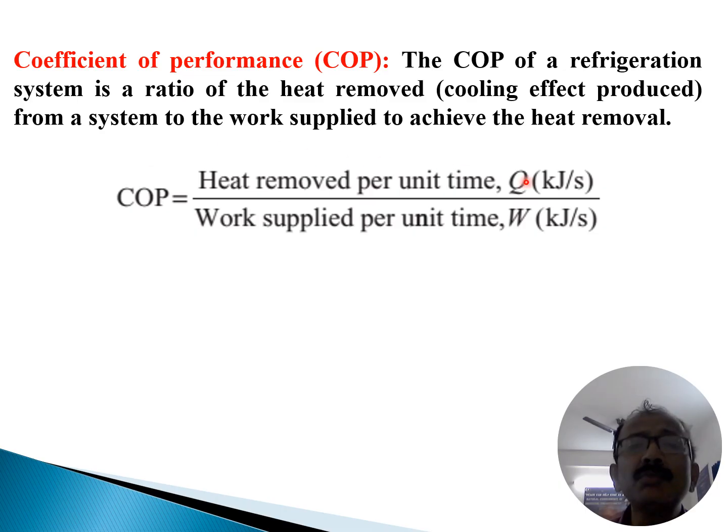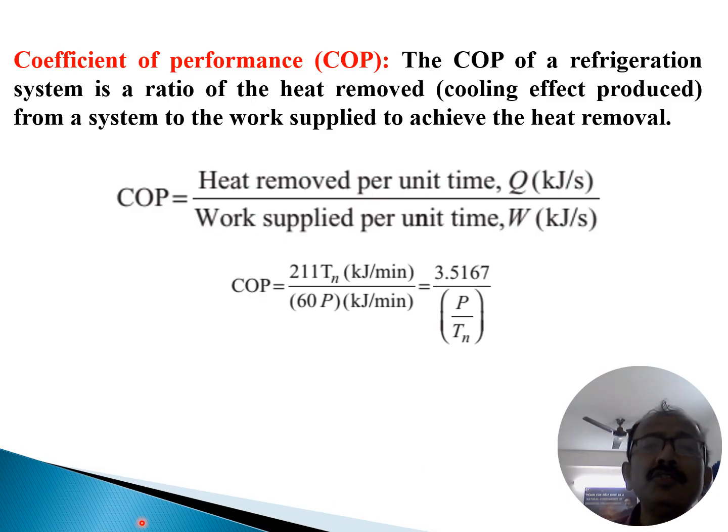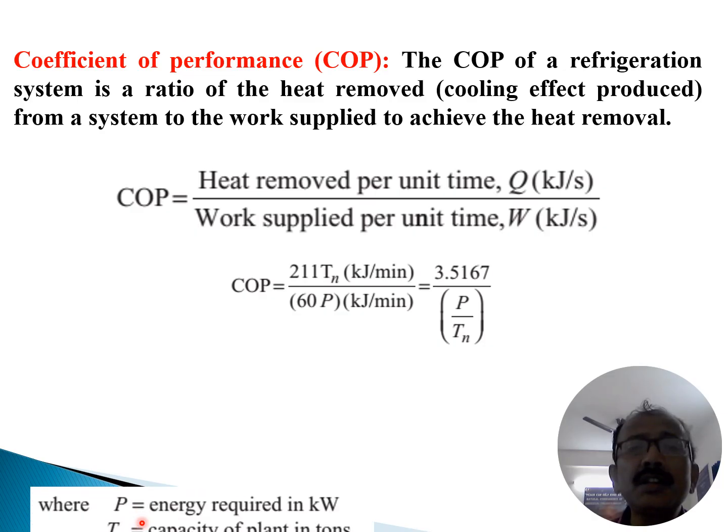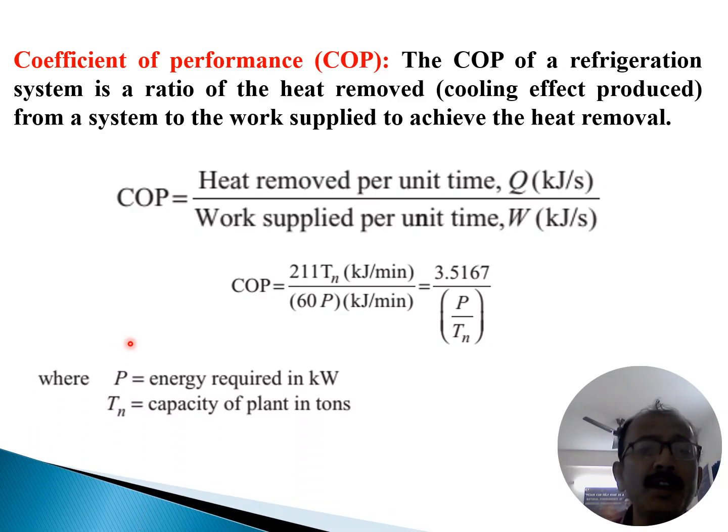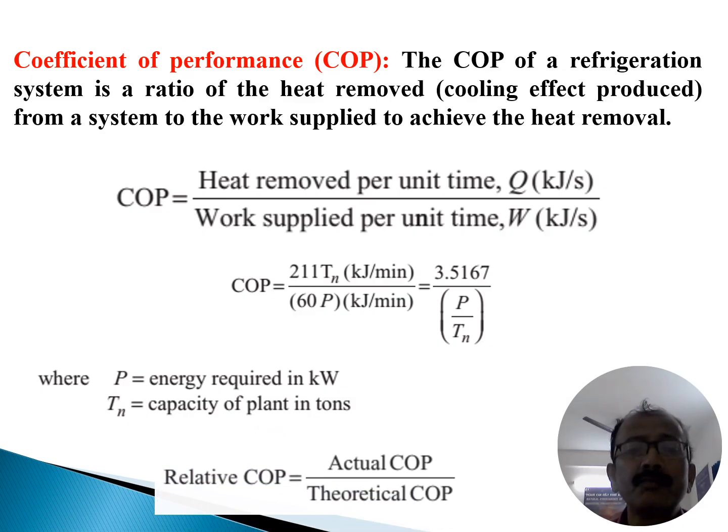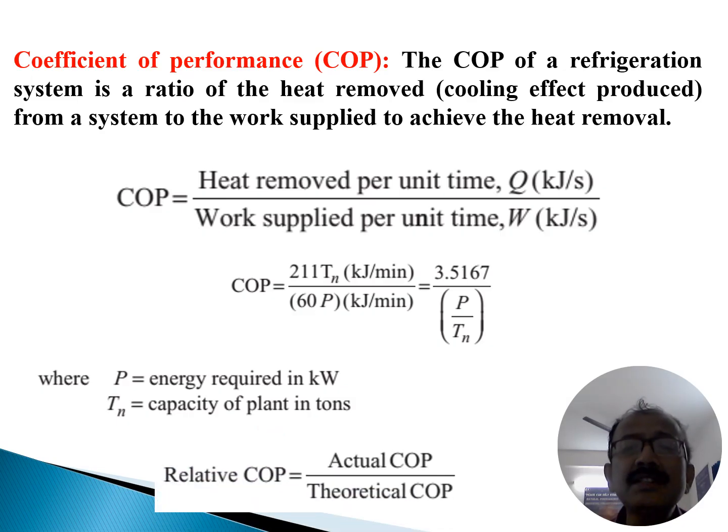So COP is nothing but the heat removed per unit time divided by the work supplied per unit time. So Q by W. So COP is nothing but 211 Tn by 60 P, where P is the energy required and Tn is the capacity of the plant in terms of ton. And relative COP is the actual COP divided by the theoretical COP.